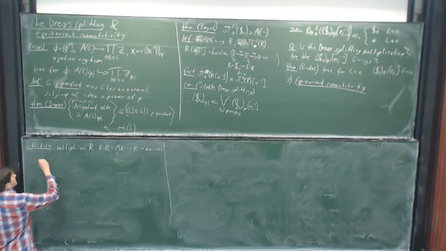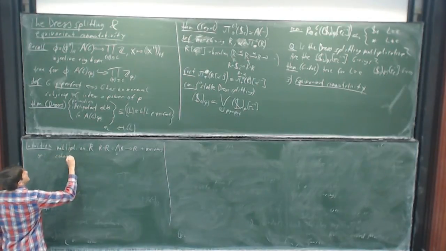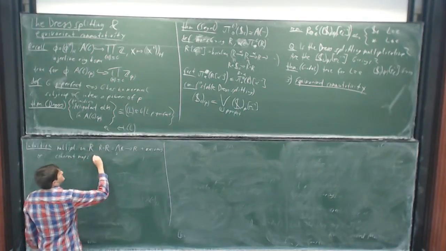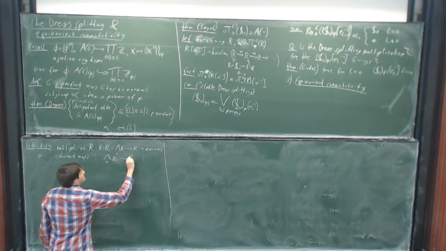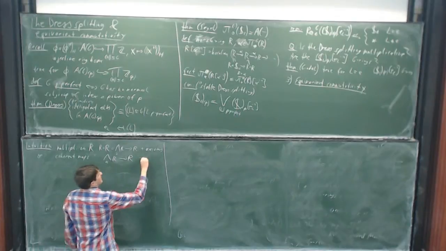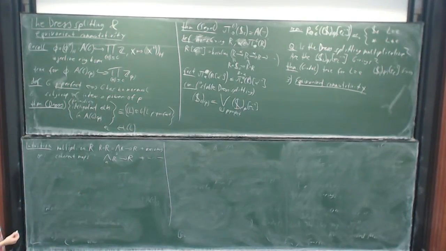You can also think about it in a different way. You can think about it as a bunch of coherent maps which take as input n elements and then tell you what their product is, tell you how to multiply them, and also satisfy some axioms. And here's one way to think about what a genuinely equivariant multiplication is.